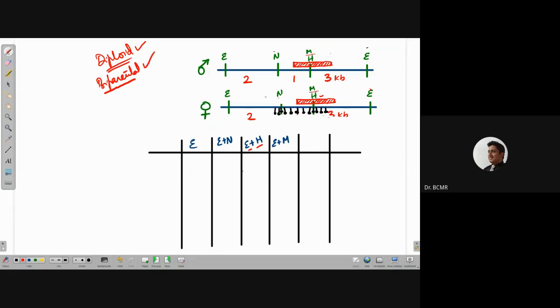So I have the same setup, except there is only one addition I have made, that this region is methylated. Everything else is the same, except you have one paternal copy and a maternal copy, and in the maternal copy you have a methylation.